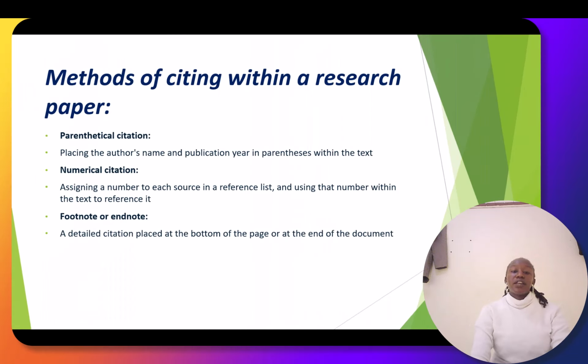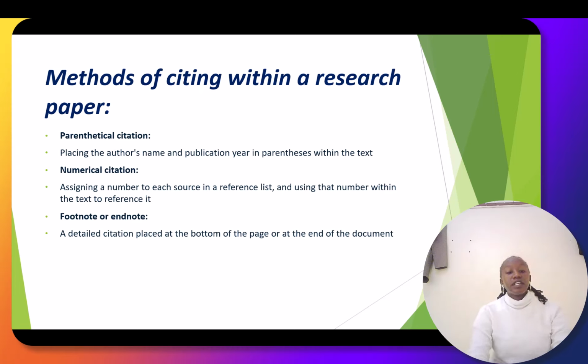Next, we're going to methods of citing within a research paper. Parenthetical citation, placing the author's name and publication year within the text, that is like in-text citation. That is one method.